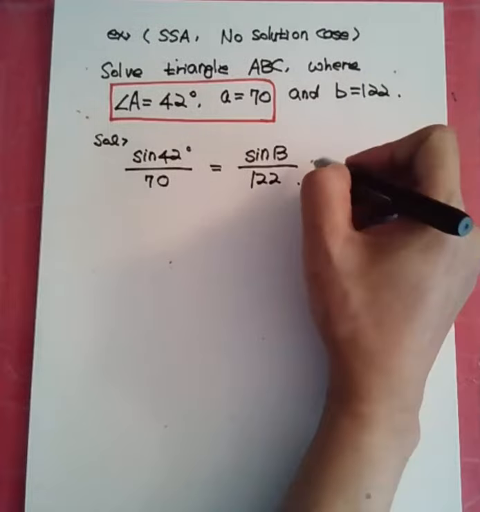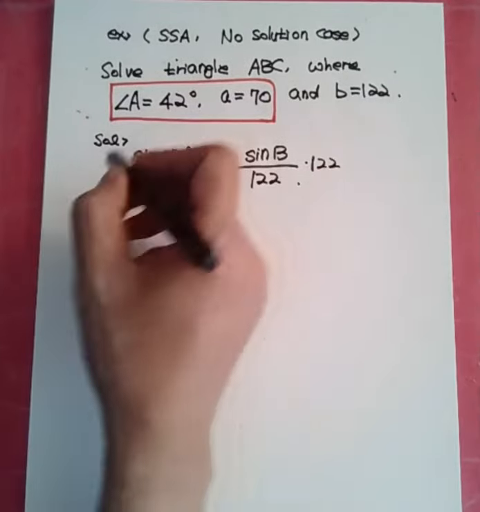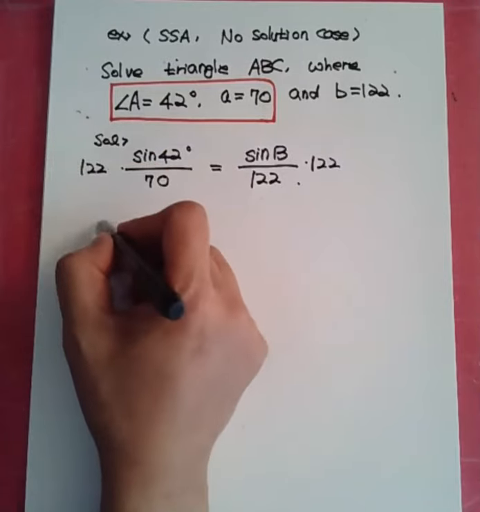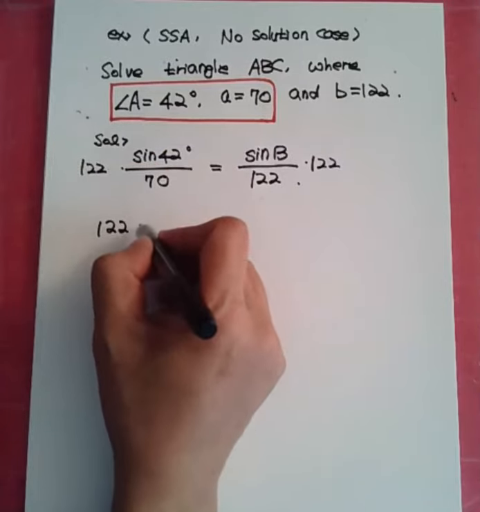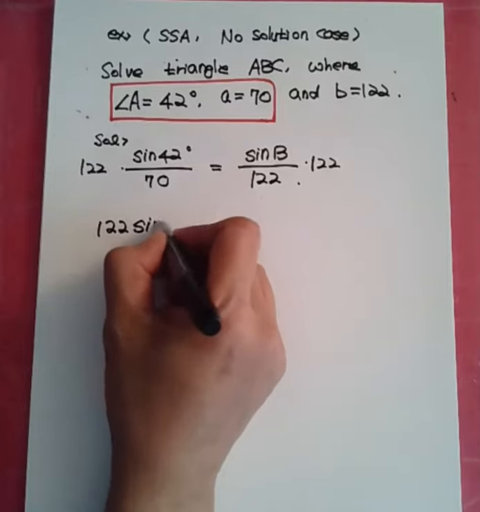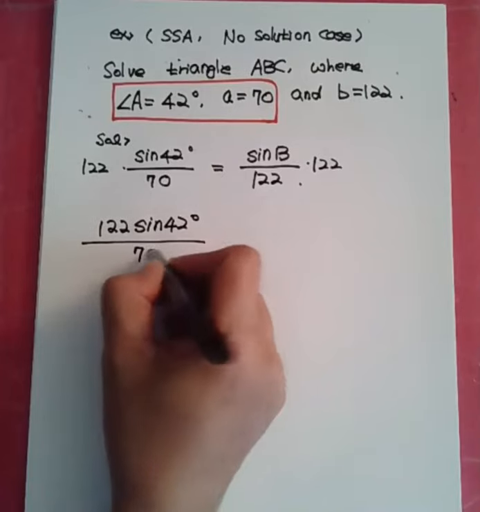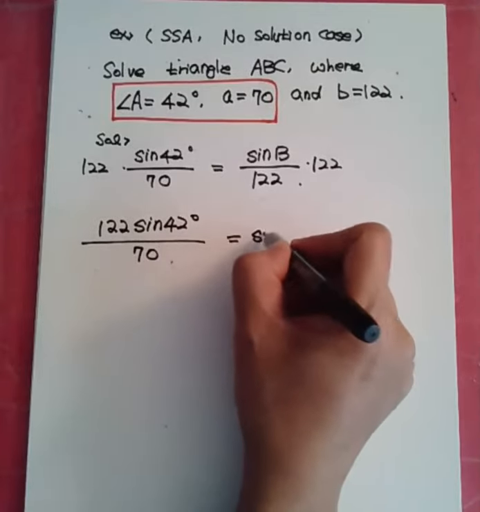Let's multiply by 122 to get sine of B by itself on the right side. Then that'll be 122 times sine of 42 degree over 70. That equals sine of B.